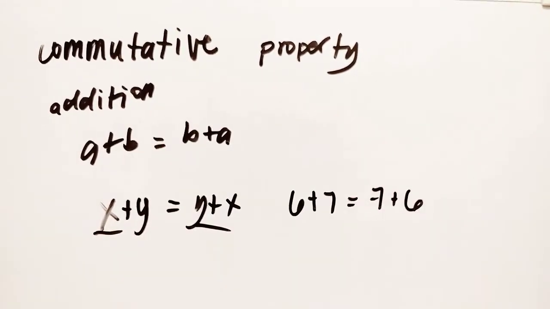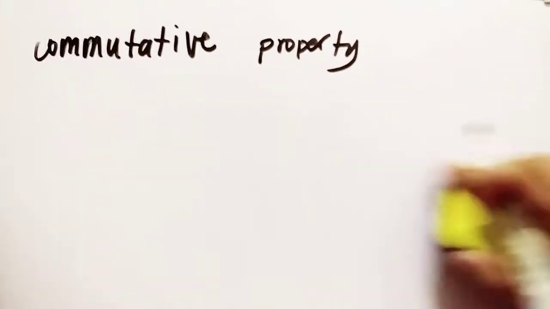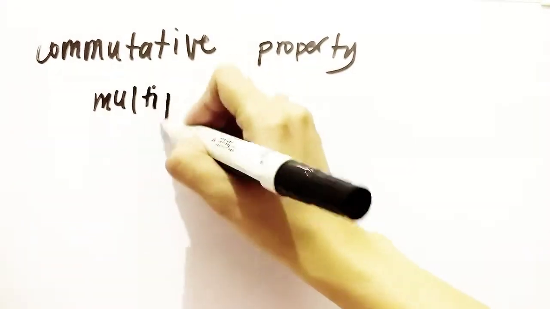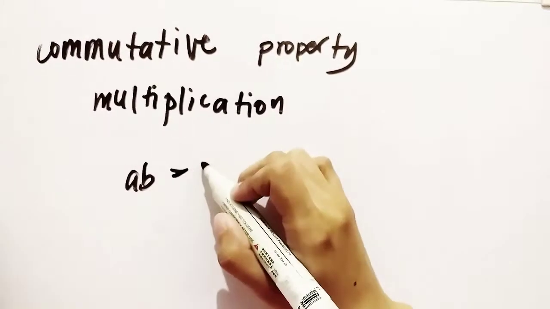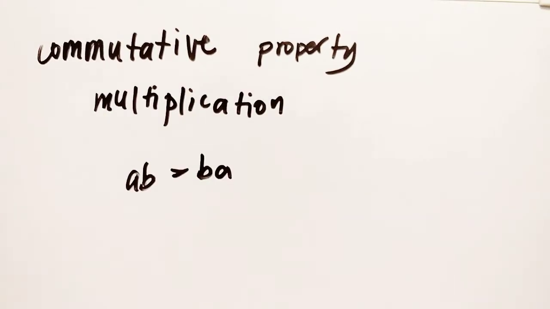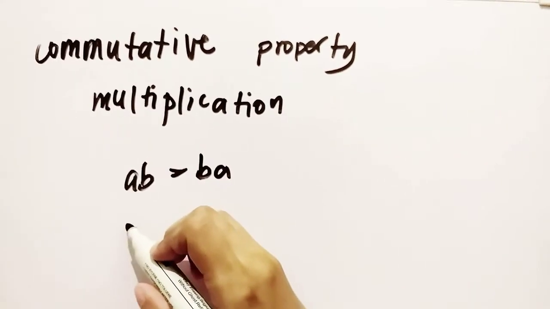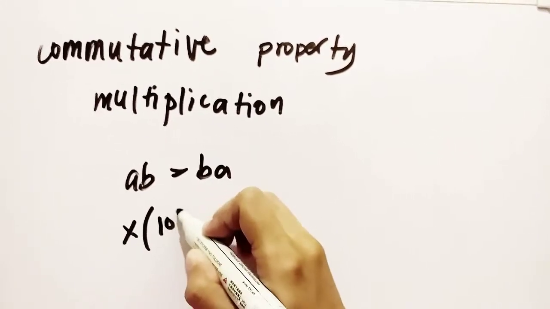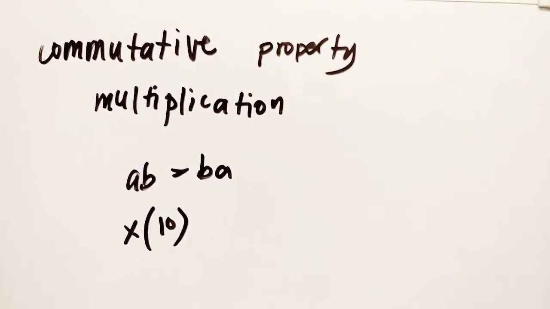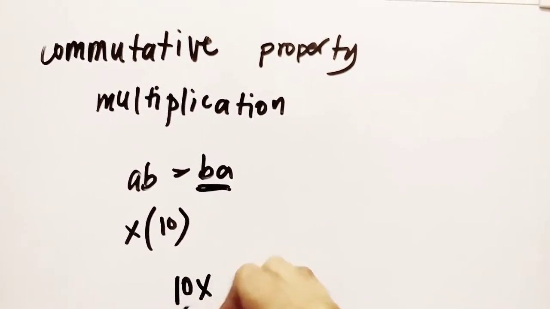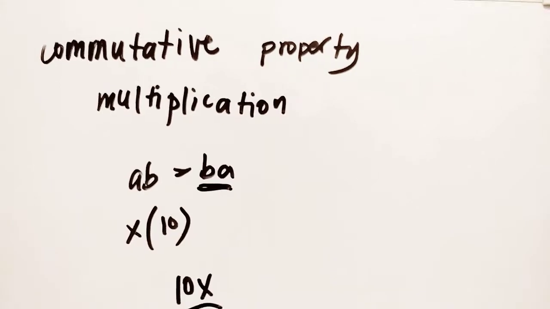So that is just how the commutative property works. And in multiplication, AB is equal to BA. So like for example, we have x times 10. So if we're going to rewrite that in this form, we can have 10x. So they're just the same.